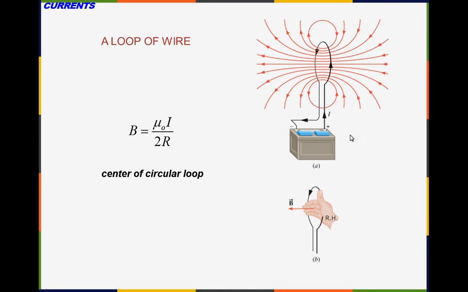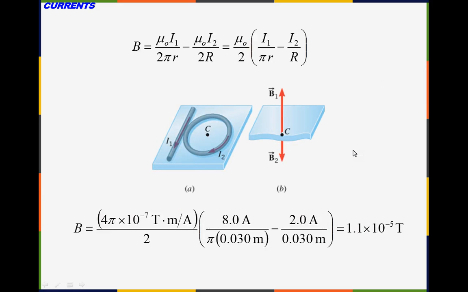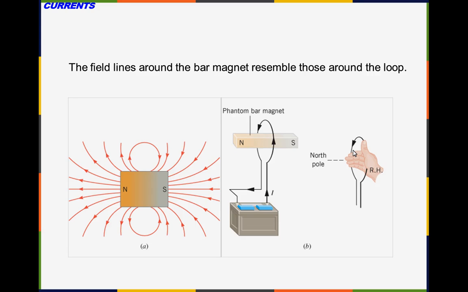But that takes us to the fact that when you have current traveling through a wire, it's creating a magnetic field. So when we have a circular loop of wire, it's creating a magnetic field that we could measure or at least inspect. If I hook up a current carrying wire, it creates a magnetic field. We call it a phantom bar magnet here.